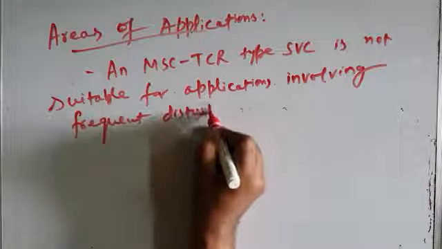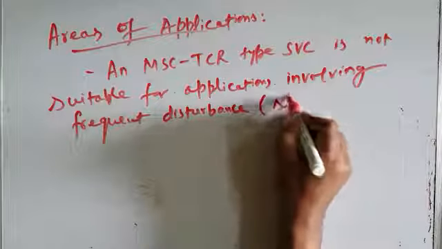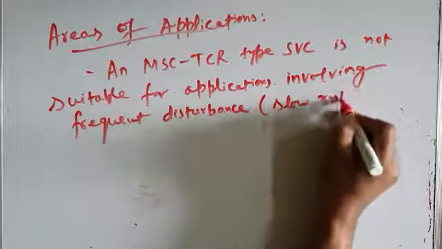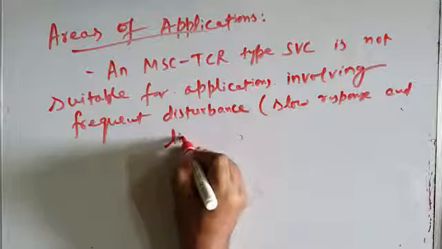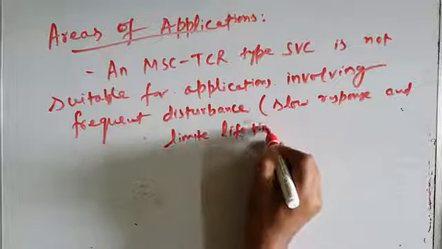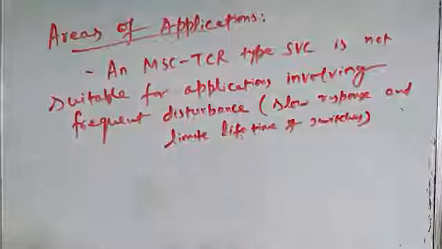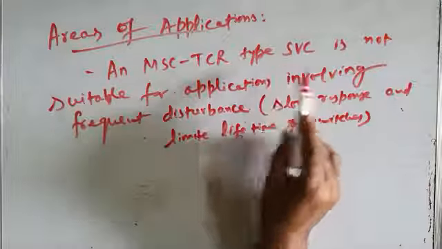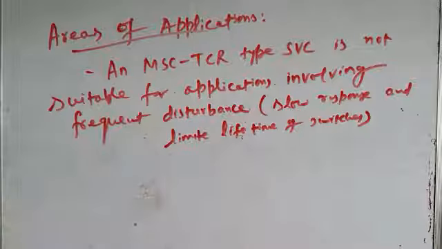Because of its slow response and limited lifetime of switches. These are the two reasons because of which an MSC TCR SVC is not suitable for those applications where there are frequent disturbances.